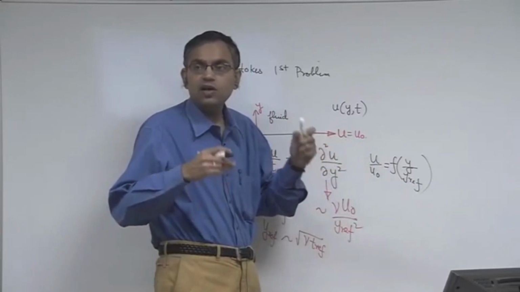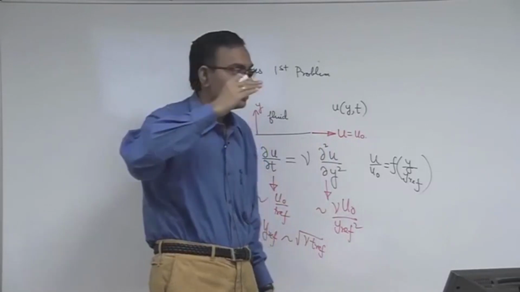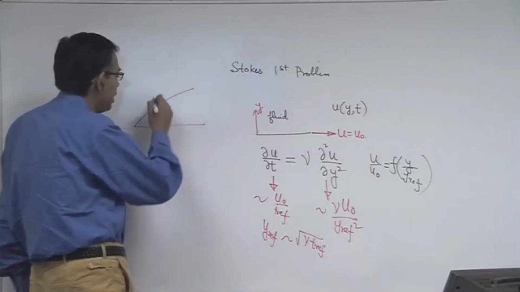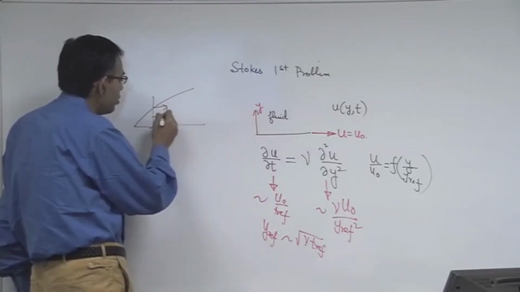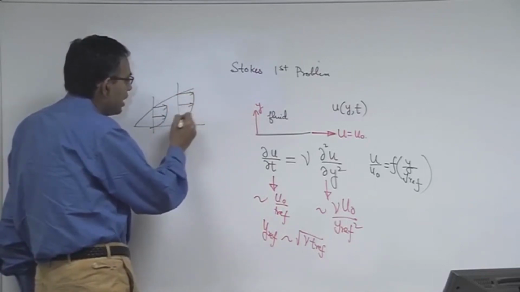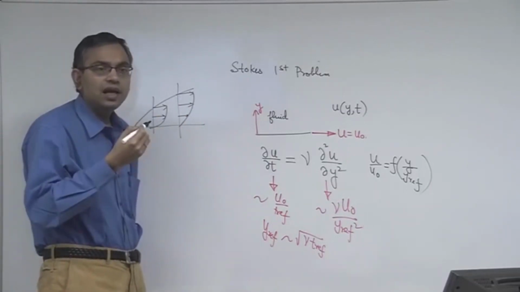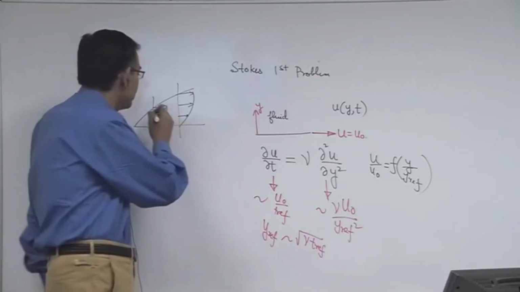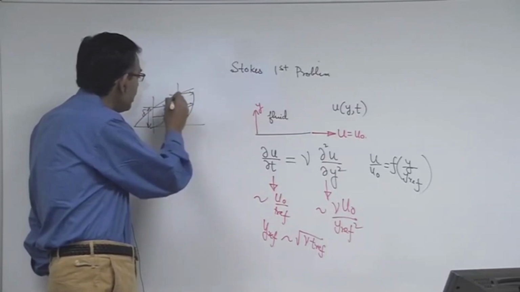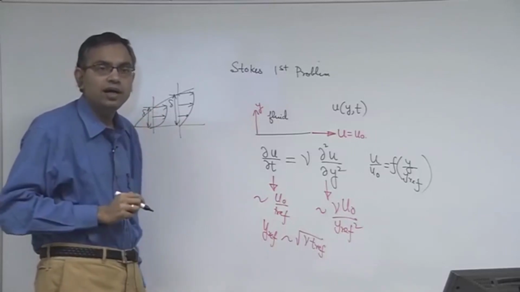This is very much analogous to the boundary layer theory, where velocity profiles at various locations are indeed very different, but if you non-dimensionalize or normalize the velocity profile, u by u infinity as a function of y by delta, this being the new delta at the new location, then u by u infinity will be a single valued function of y by delta.